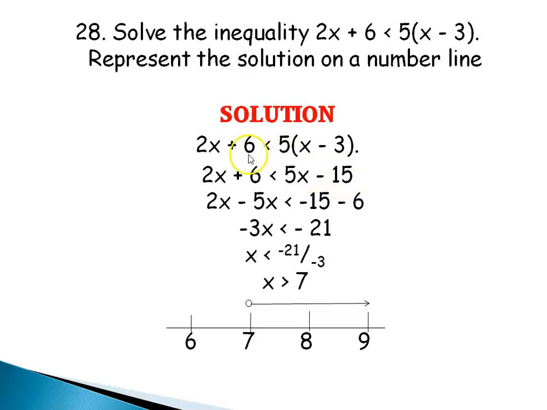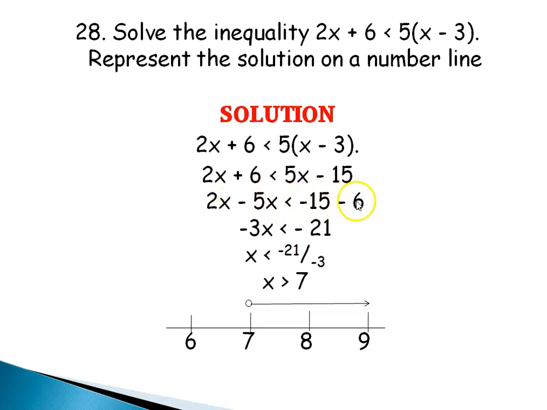Then I bring my 5x to this side, it becomes minus 5x, and I take my plus 6 to this side, it becomes minus 6. 2x minus 5x is minus 3x, less than minus 15 minus 6.